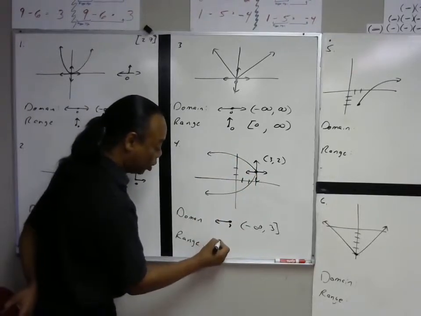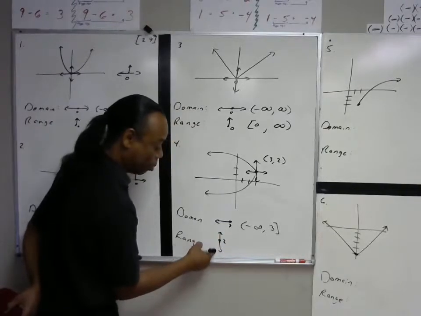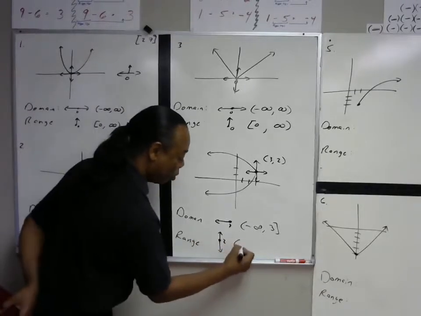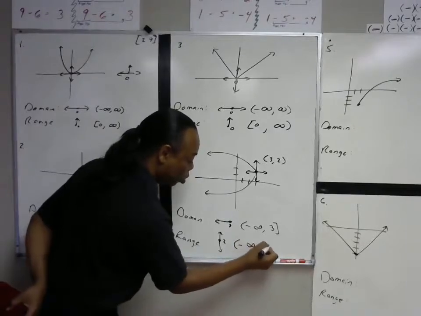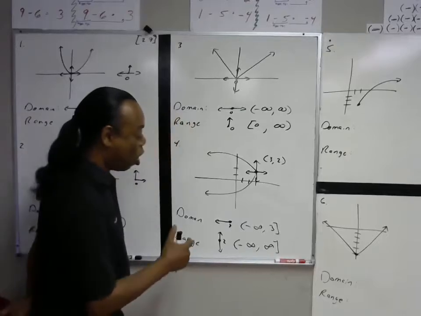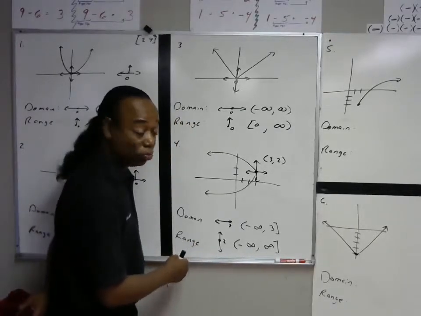So I would say the range from the number 2 continues to go down and up. That's a description of negative infinity downward to positive infinity upward, which means that this graph has all real numbers as a range.